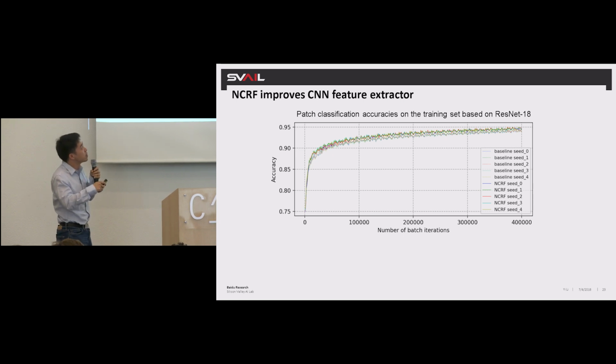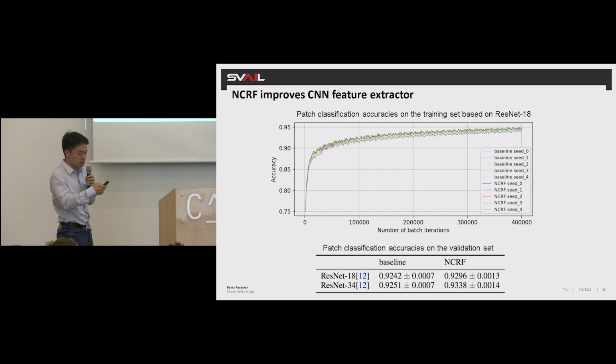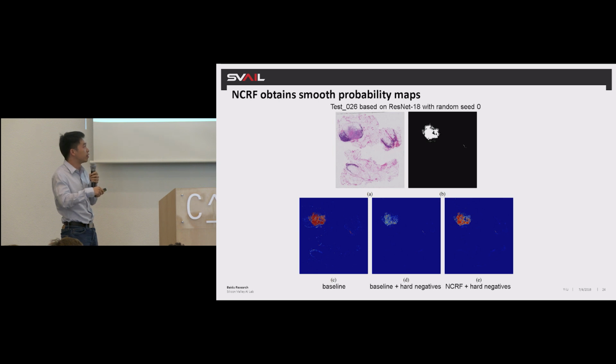What we can see here is that our method, NCRF, consistently achieves better accuracy compared to the baseline across different random seeds. And if you look at the accuracy on the validation sets, again, our method is doing better than the baseline for both ResNet 18 and ResNet 34.